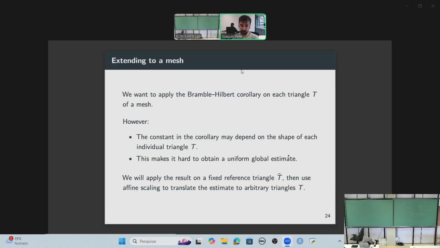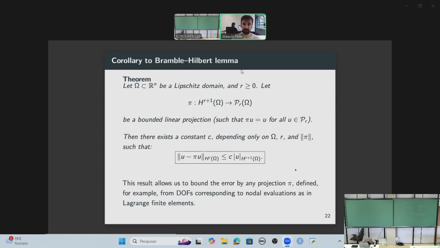It sounds more difficult than it is, but essentially the idea is to think of a certain reference triangle and apply the corollary to our reference triangle, and then see how these bounds translate when we map from our reference triangle to our actual physical triangle on our mesh.